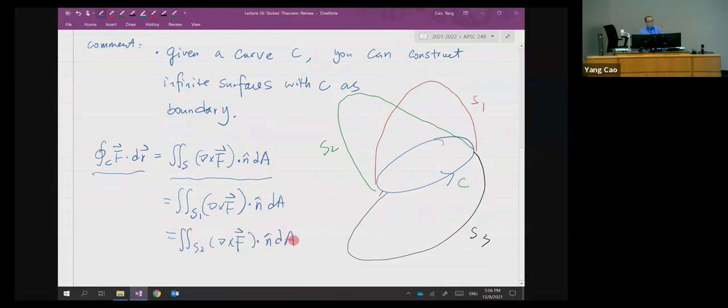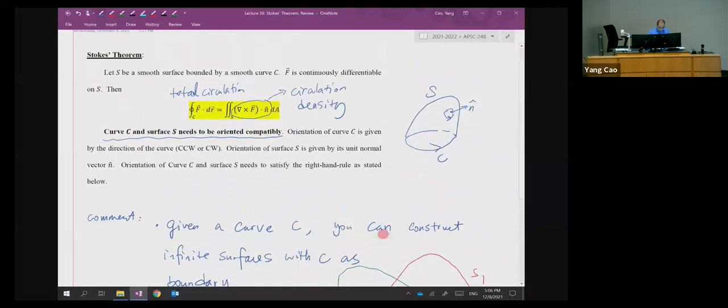As long as these surfaces share the same boundary, curve C, the integration of circulation density over that surface gives exactly the same vector line integral, which is the total circulation over the curve C. So the surface integral does not depend on which surface you choose, as long as the surface shares the same boundary, curve C. That's an observation based on Stokes theorem, and it can sometimes enable you to select an easier surface.